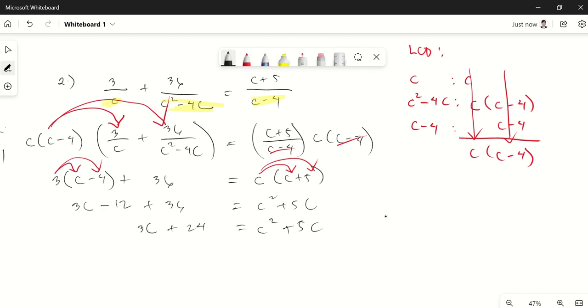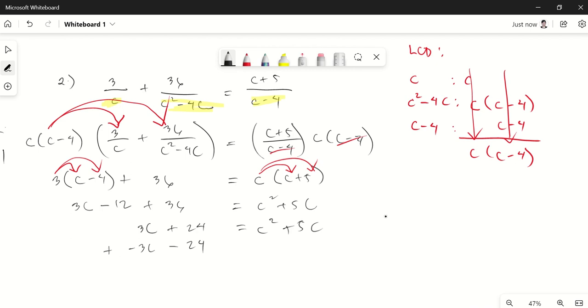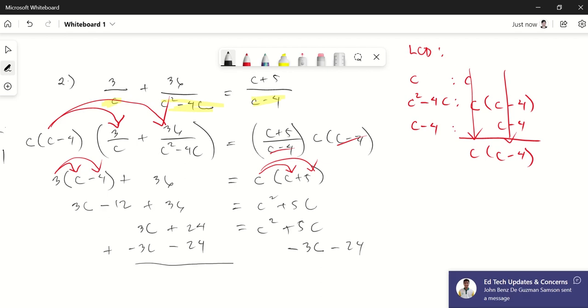So you have to add a negative 3c and a negative 24. And to maintain the equality of the equation, you need to do the same thing on the right-hand side by adding a negative 3c and a negative 24. Since you're adding the additive inverse of the term, that will be 0. You bring down the c squared and you combine 5c and 3c, that would be 2c, and negative 24.